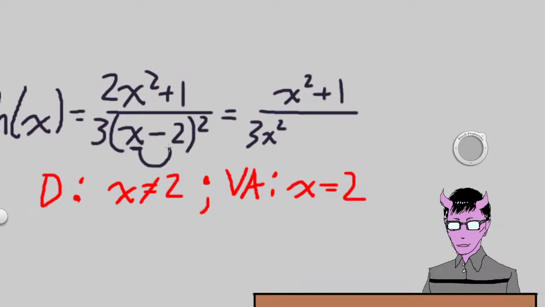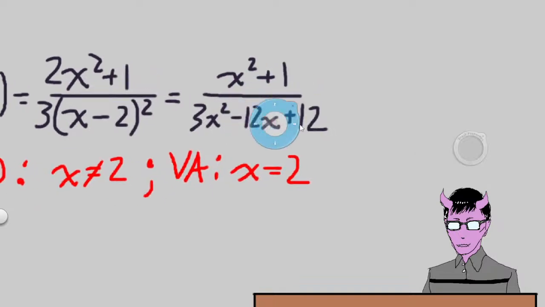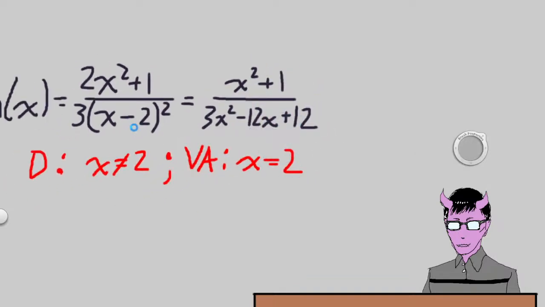That's going to be this one times negative 2 times 2, which is negative 4, times 3 is negative 12. And then negative 2 squared is positive 4 times 3, which is 12. All right. So it doesn't change the vertical asymptote because putting 2 into there still breaks the function, so we're good.